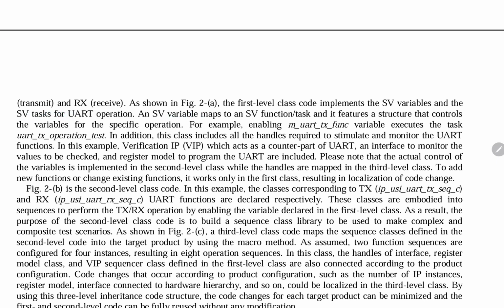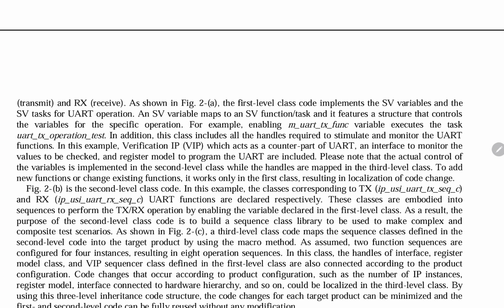An SV variable maps to an SV function and task, and each features a few structures that control the variable-specific operation. For example, enabling the m_UART_TX_func variable executes the task UART_TX_operation_test. In addition, this class includes all the handlers required to stimulate and monitor the UART function.